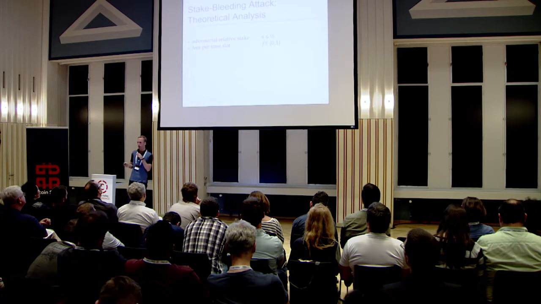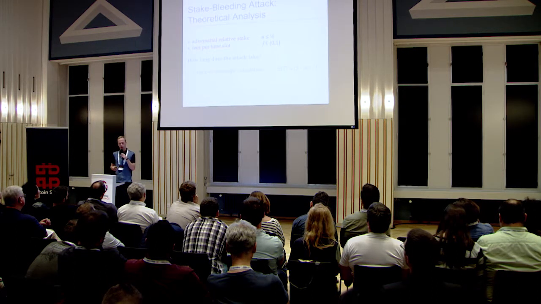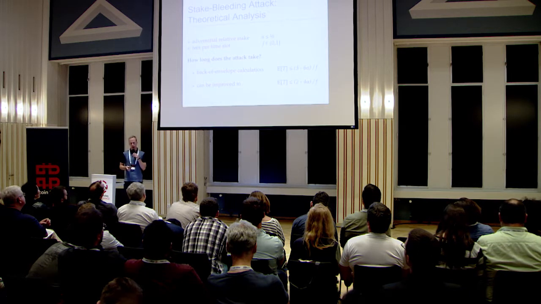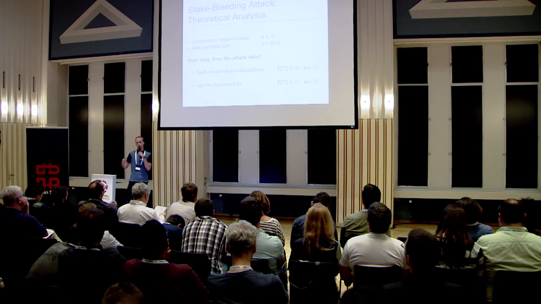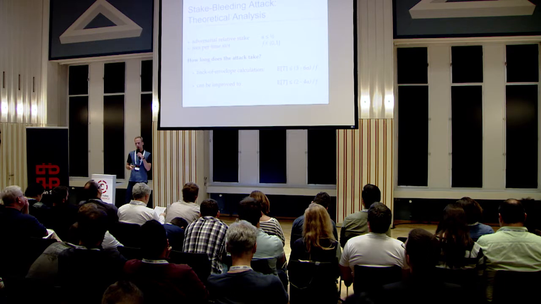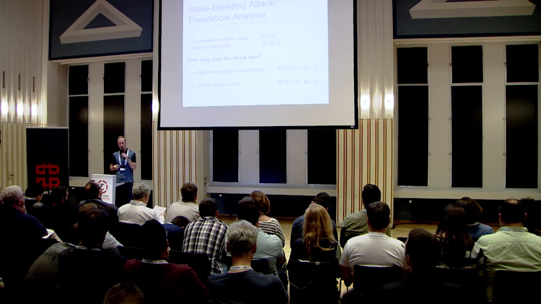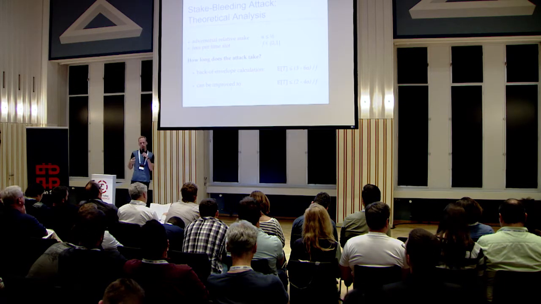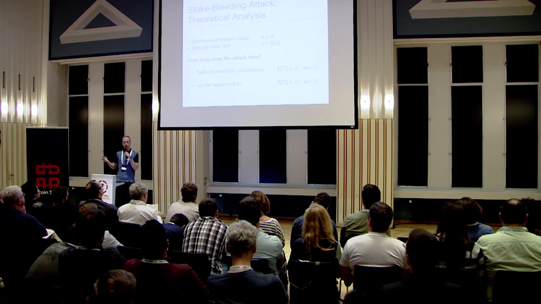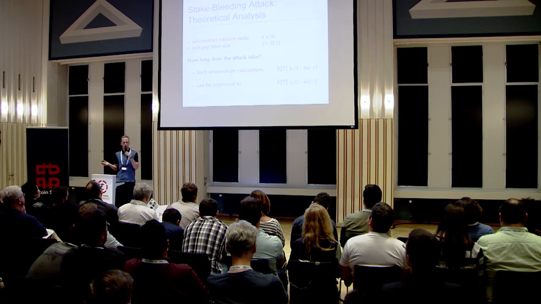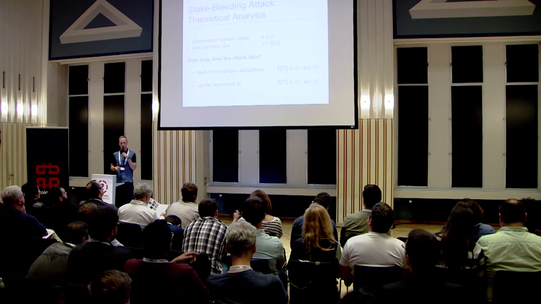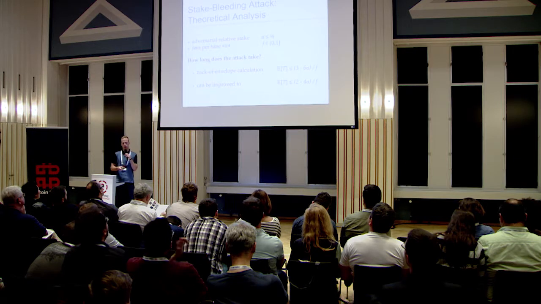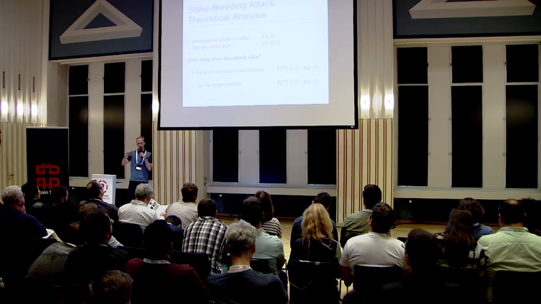So if you do just some back of the envelope calculations, you will find out that the expected time until this moment happens, when the attack chain is longer than the public chain, is upper bounded by 3 minus x alpha over f, where alpha is the initial adversarial relative stake. So imagine an adversary with, I don't know, 20% stake, so this would be 0.2. And f is the amount of fees per time slot in which the lottery is run.